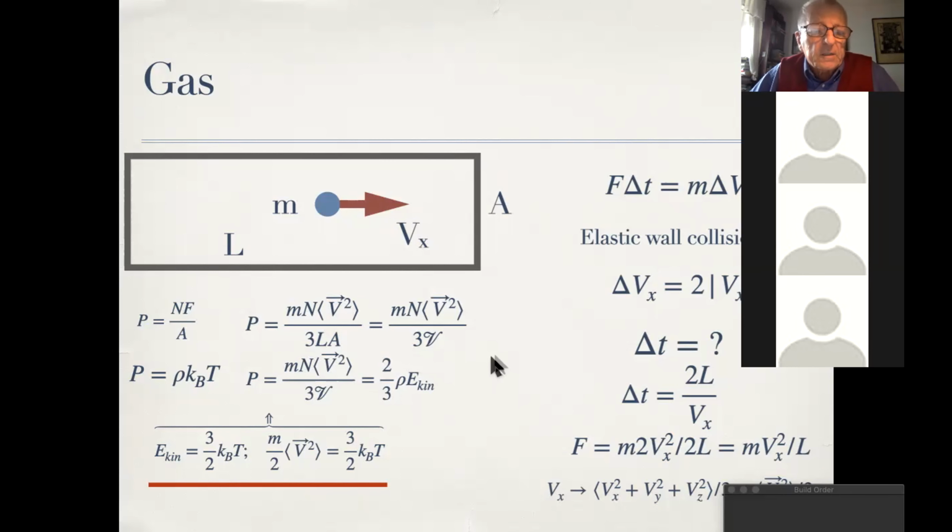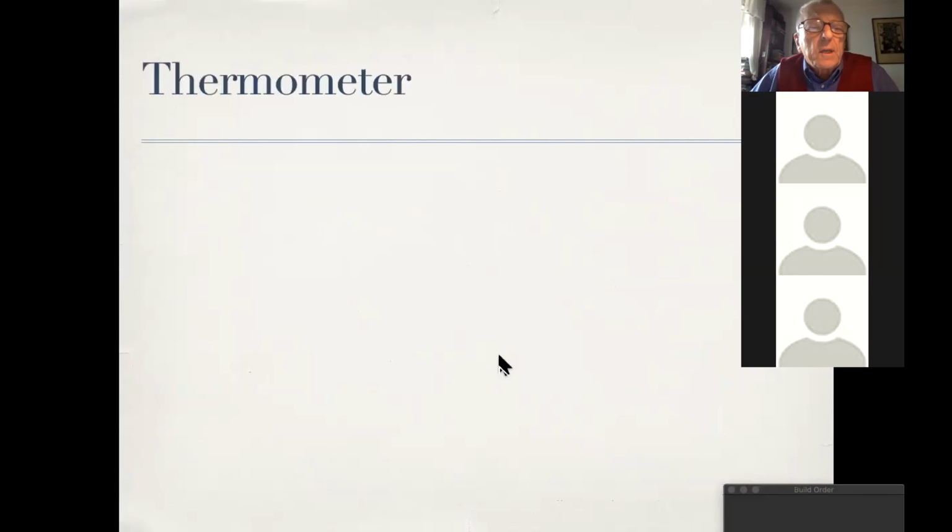That was for the gas, and we can use that knowledge to understand why it is very often said that the temperature is just the kinetic energy of a particle.